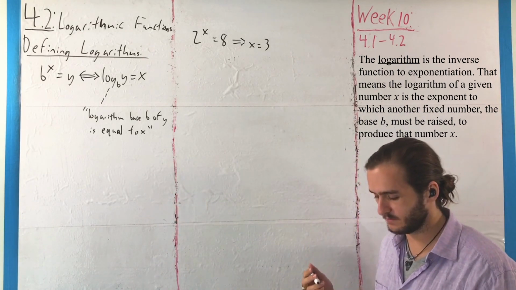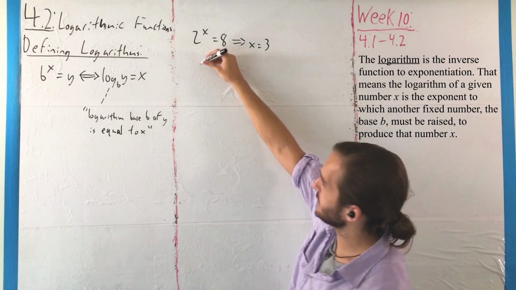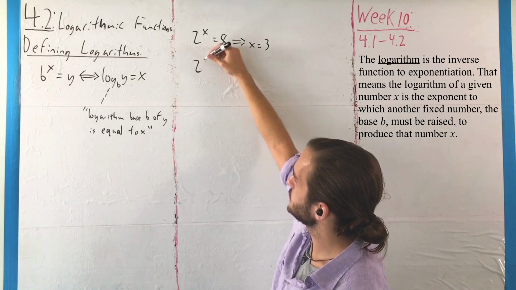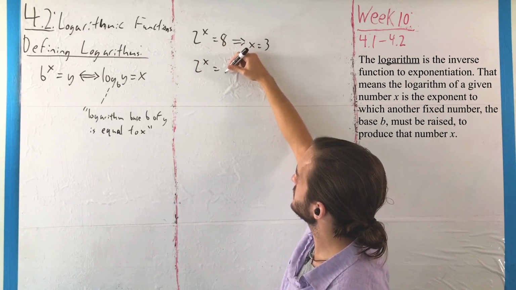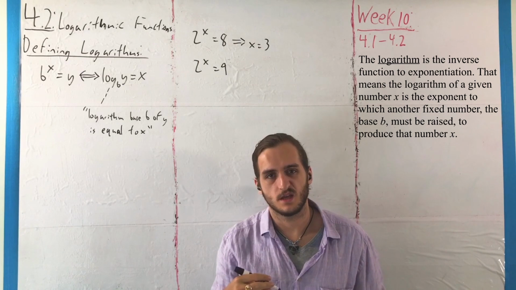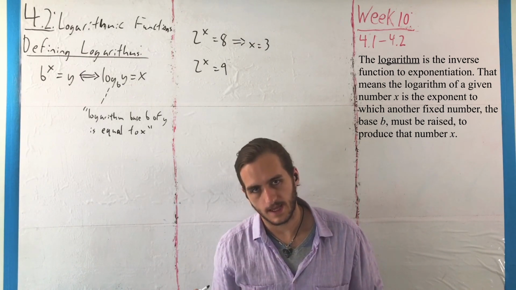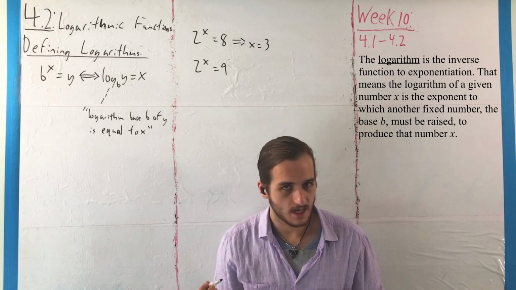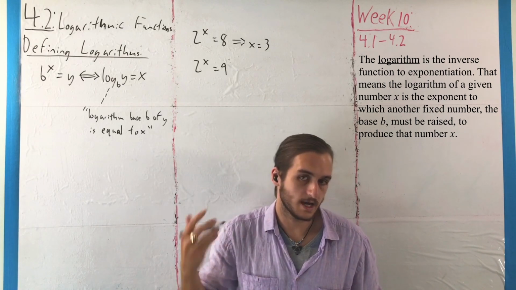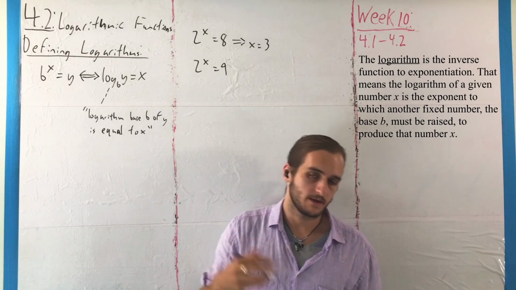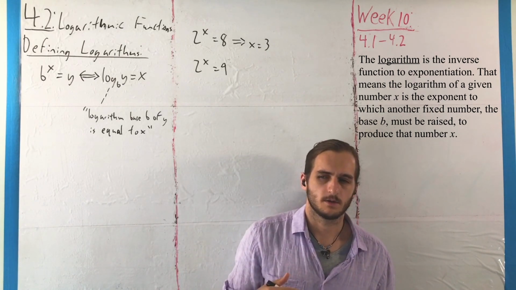So let's say we kick this up a notch, and instead of asking what power of 2 is 8, we ask what power of 2 is 9. Looking at something like that, it's a lot less obvious, right? It's just a tiny bit bigger on the right-hand side.